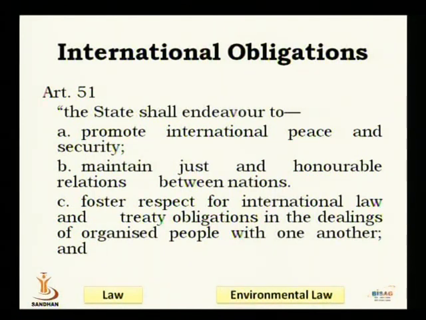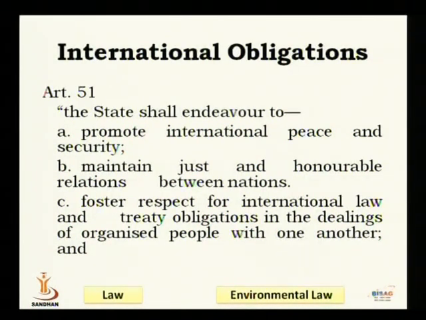At the same time, an international obligation is created, and the same thing is discussed by the Indian Constitution through Article 51: if India has taken part in any international treaty or convention, India has the authority to pass a law for the decision made by that international convention.